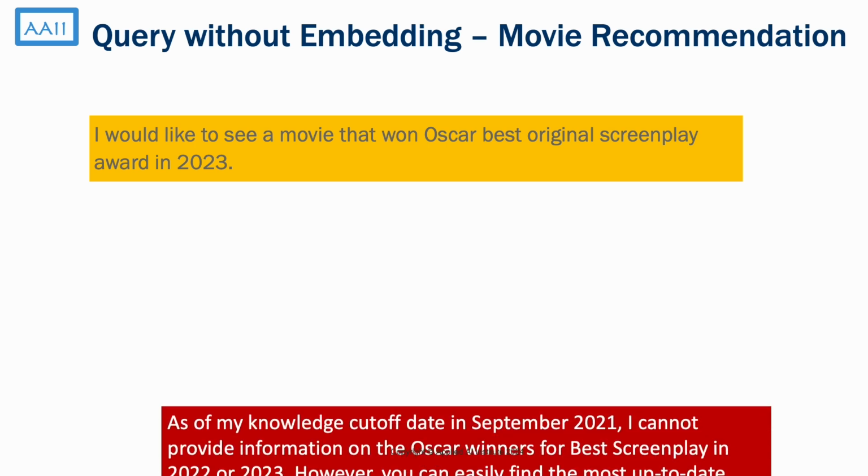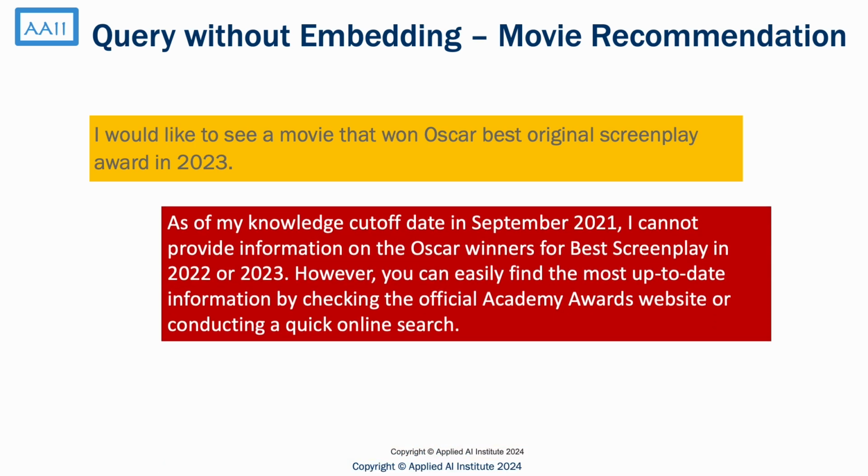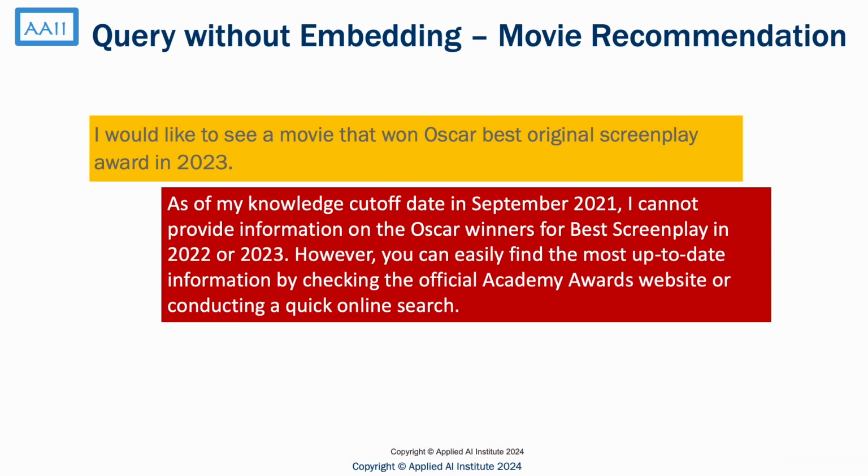As a result, GPT cannot provide information on Oscar winners for Best Screenplay in 2023 and would suggest searching the internet for the most up to date information. In such cases, embedding can be utilized to supplement the model with additional knowledge, enabling it to provide relevant and current answers to users' inquiries.